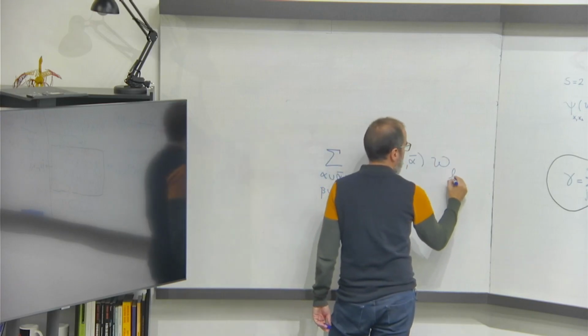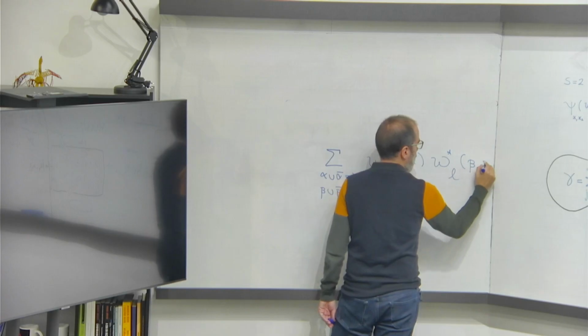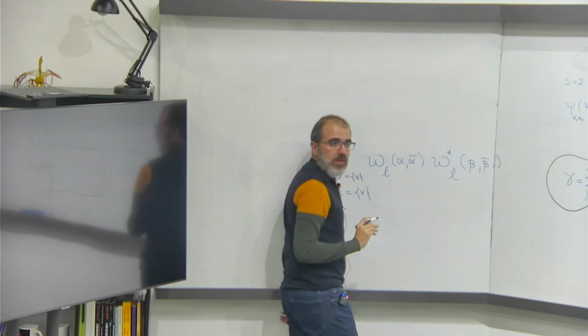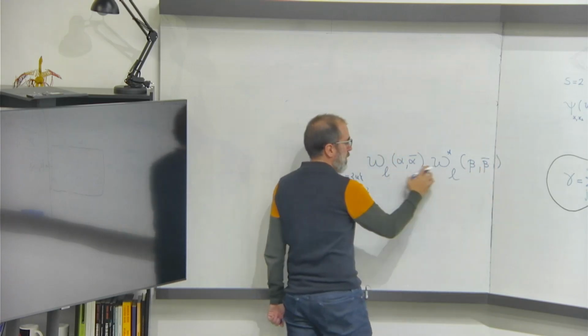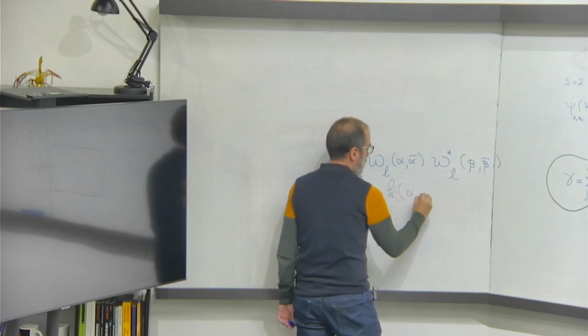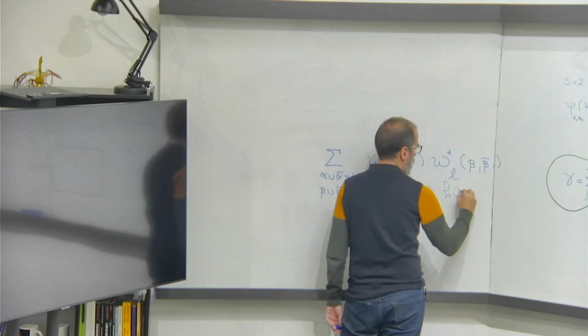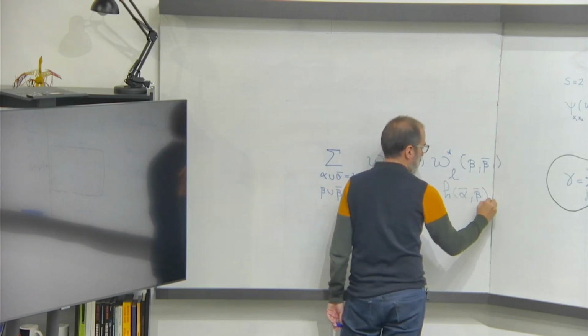There will be some weight factor for the particles beta to go to the back. So now that alpha went to the back and beta went to the back, the hexagon now knows about alpha and beta, not just alpha, times a hexagon that will know about alpha bar and beta bar.